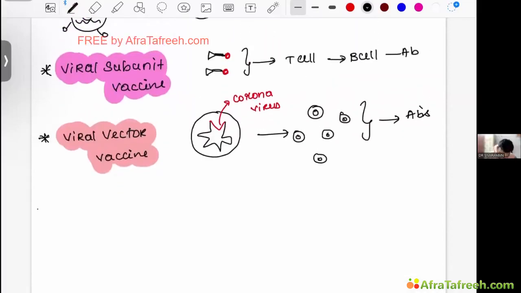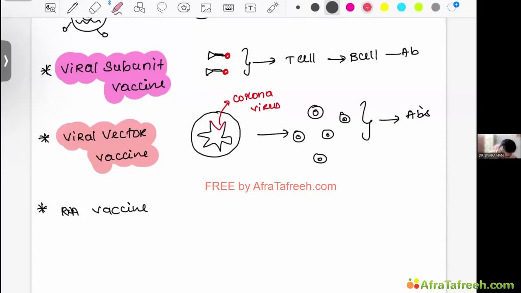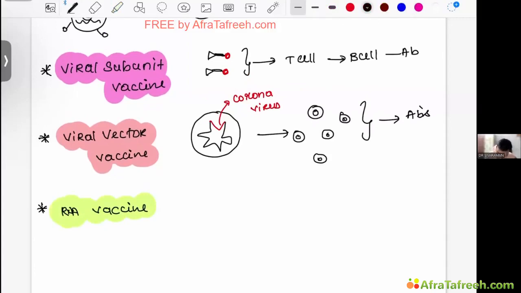The last one is the RNA vaccine. Here, we take the RNA strands.